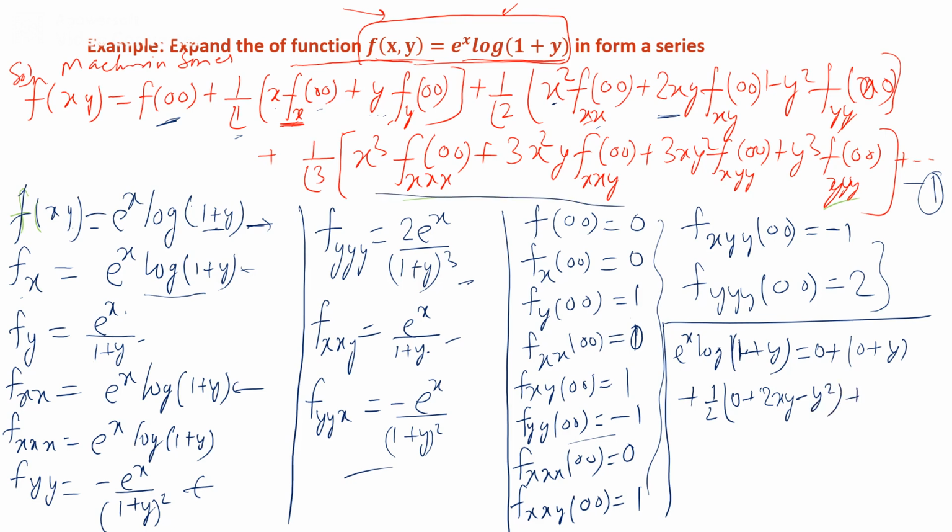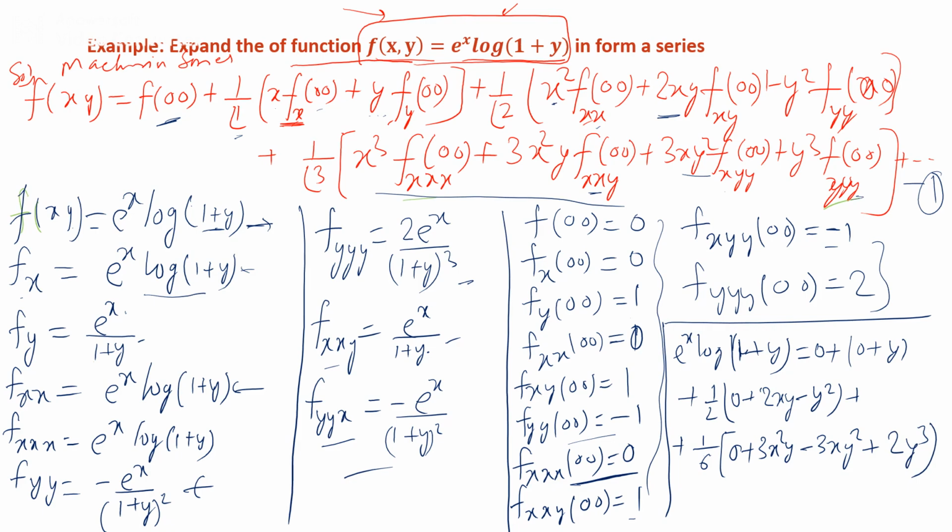Now write the next term, plus 1 by factorial 3, you can write it as 6, so the third partial derivative f_xxx is 0, so we write 0, plus 3 x squared y, the derivative with respect to x, x and y at (0,0) is 1, plus that term 3xy squared, f_xyy, so we get minus 1, so we write minus 3xy squared, plus the y cube term, the third derivative we get 2, so 2y cubed.